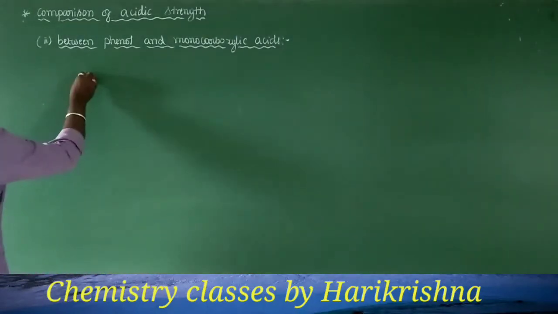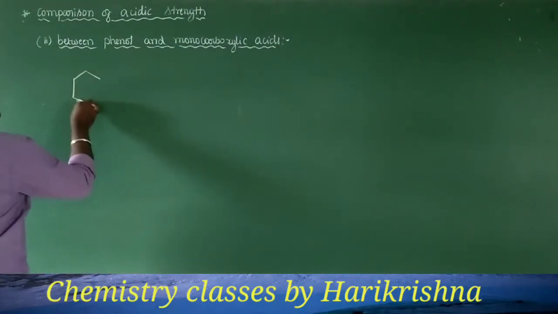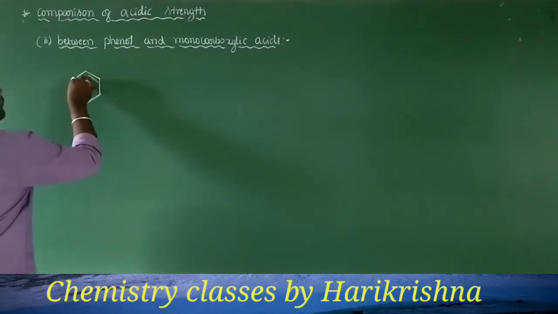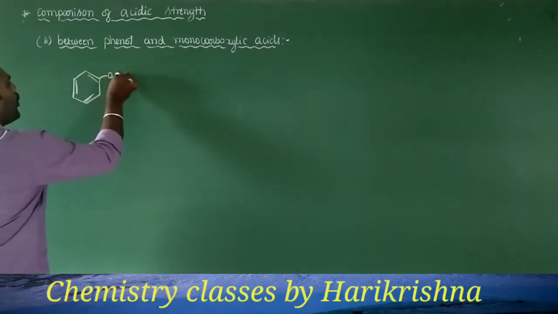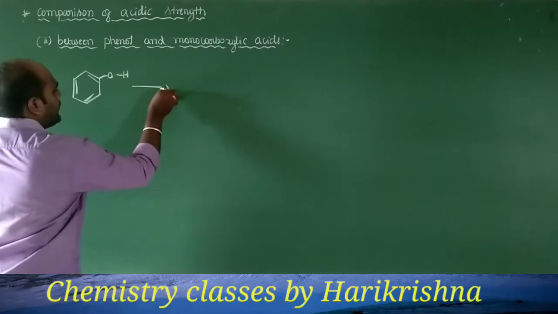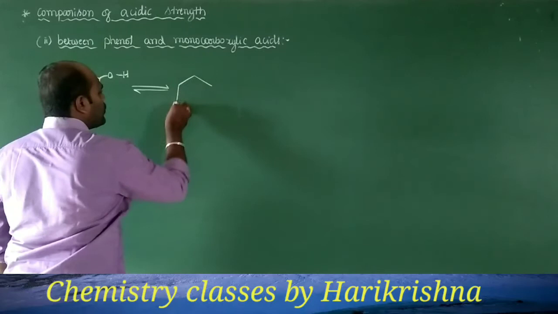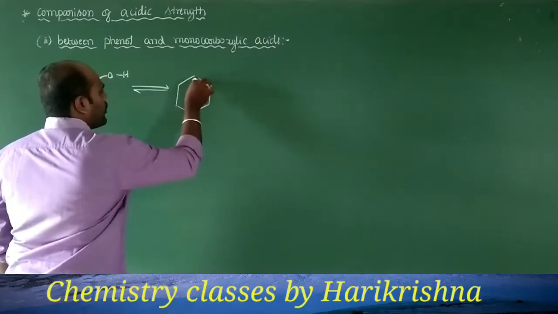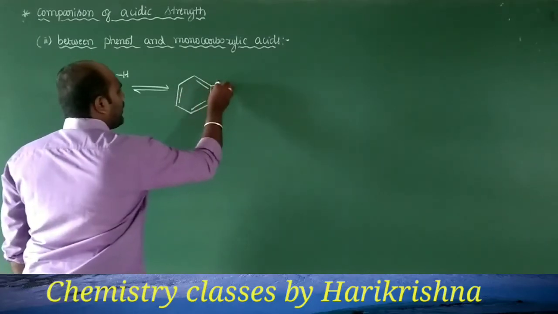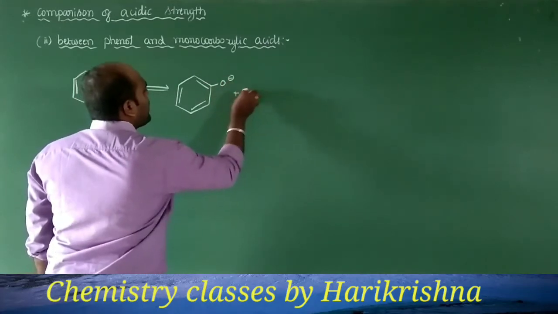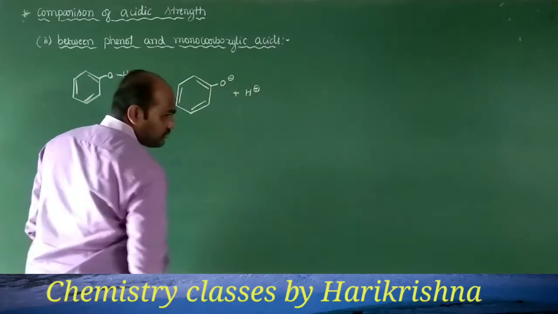So phenol, as we already wrote, has a benzene ring with the 3 pi bonds and OH. So this phenol will reversibly undergo dissociation to produce phenoxide ion, O minus, plus H plus.